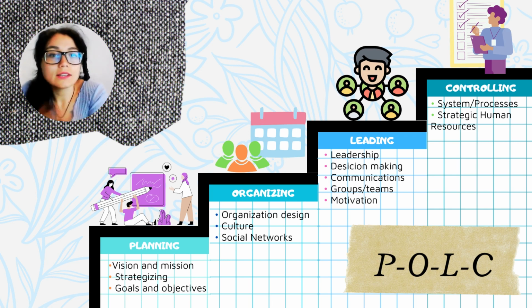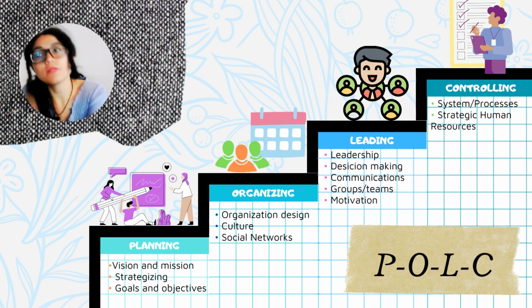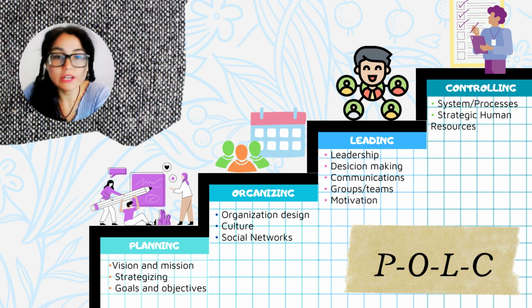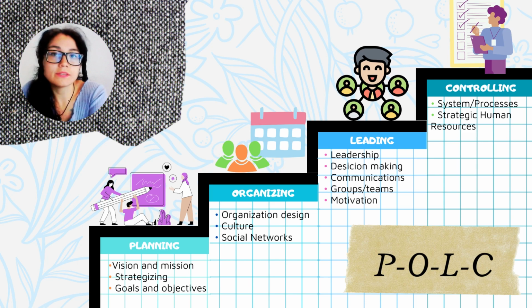Next, the leading step provides better communication and relationships between workers to continue working together for a common purpose. Finally, the controlling stage checks the completed activities, objectives, and the processes to be improved for a better development of the plan.